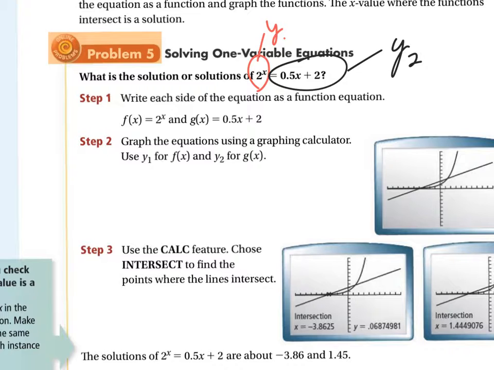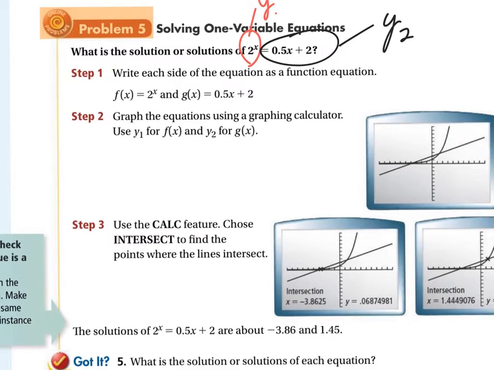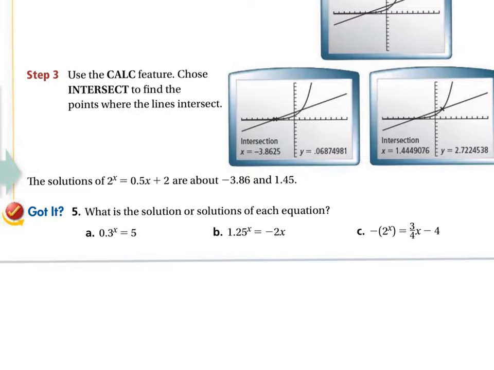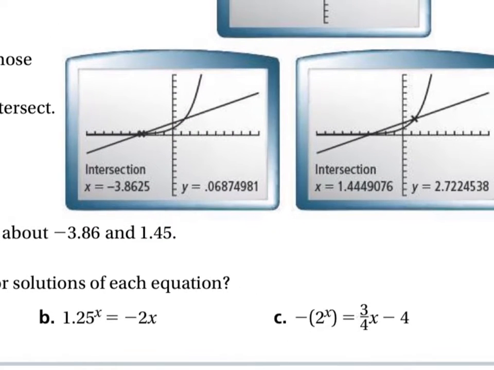You'll be learning methods when you get into high school, methods of how you can solve this otherwise, but for now, that's going to be basically our method. So if you graph those, and then remember we can calculate the intersection. And what you'll notice on these is that since that one graph curves, it actually intersects twice. We actually have 2 solutions where these graphs intersect.